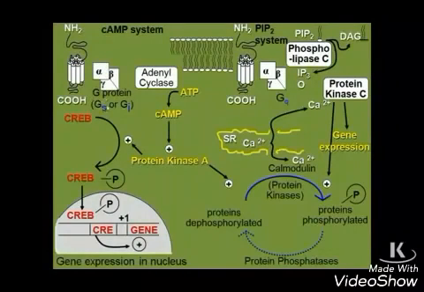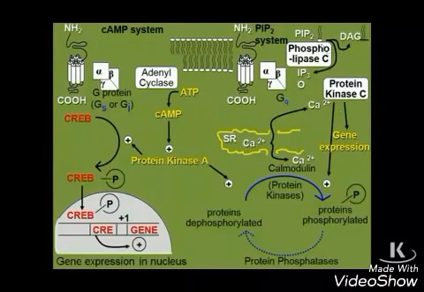When you think about activating the GS proteins, activating GS is going to form cyclic AMP, and that cyclic AMP is then going to activate protein kinase A, which then goes on to phosphorylate a variety of tissue-specific proteins. GI, the opposite, is going to decrease the formation of cyclic AMP and thereby decrease the activation of protein kinase A.